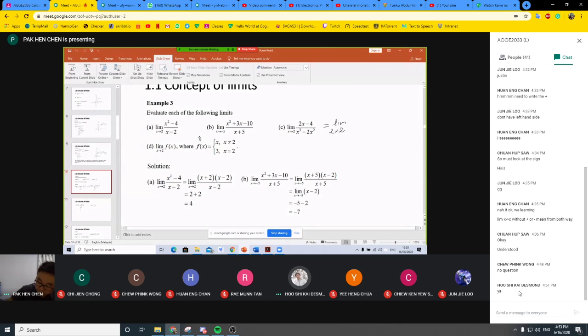Factorize the numerator first. How do I factorize? I can use the calculator to factorize the numerator: x minus 2, isn't it? Correct or not? Then how about the denominator?